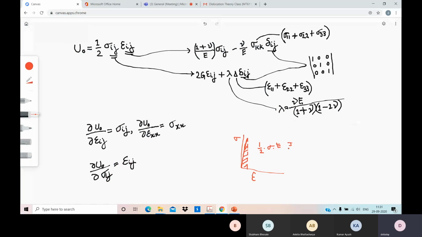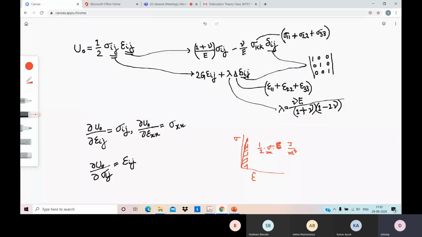This is elastic strain energy per unit volume, because stress has a unit of force by area, Newton per meter square. Strain, sorry, epsilon, has a unit of meter by meter.